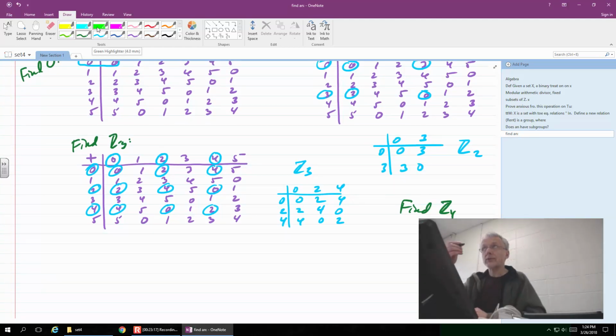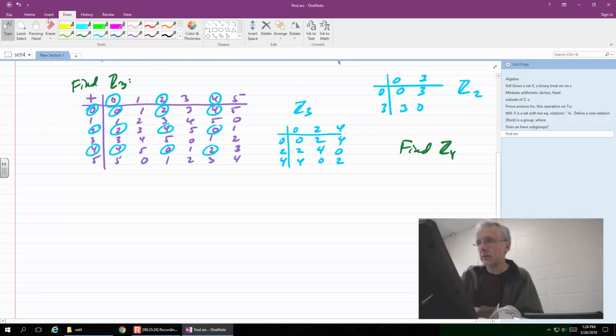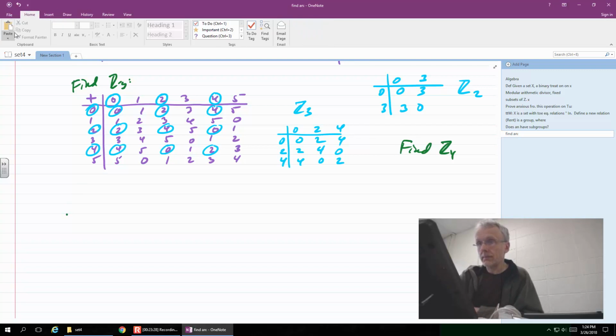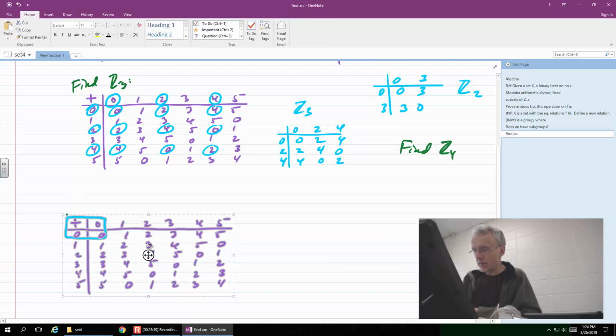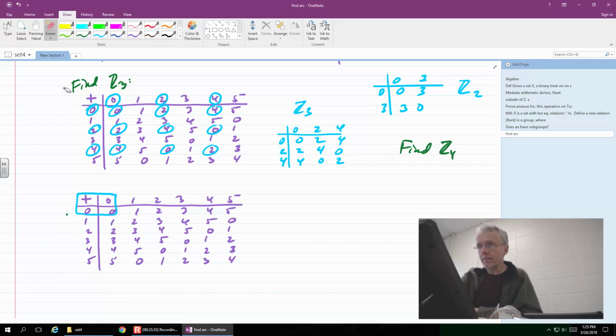Well, once again, it has to cycle back to itself, right? First of all, Z4 has 4 elements. It still has to contain 0 to begin with.